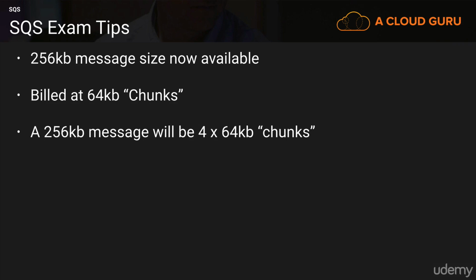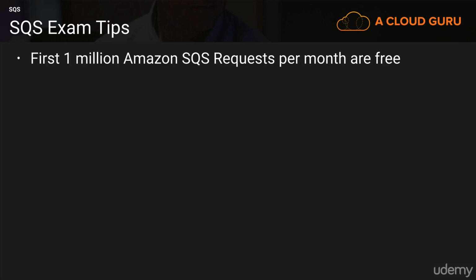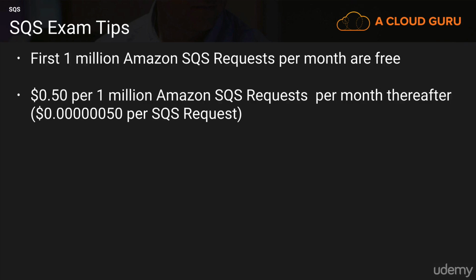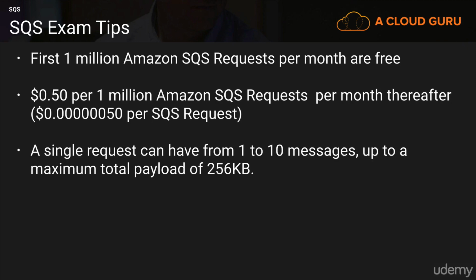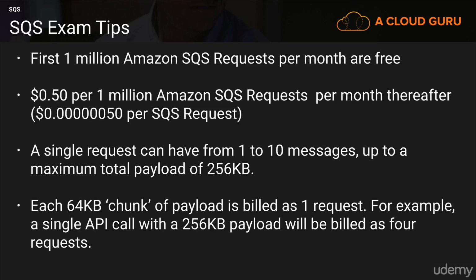Okay, we'll just go through the pricing then. Your first 1 million Amazon SQS requests per month are free. It's 50 cents per 1 million Amazon SQS requests per month thereafter. A single request can have from 1 to 10 messages, up to a maximum payload of 256 kilobytes. And the final piece is that each 64 kilobyte chunk of a payload is billed as one request.